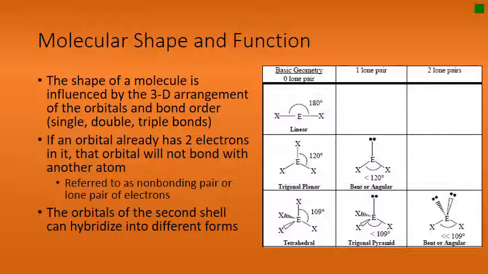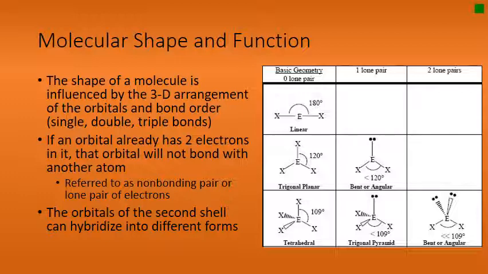Now, in period 1, there's not a lot of variation in the shapes of the orbitals. The orbital is simply a sphere. But in the second shell, in the third shell, so the second period, the third period, the orbitals can in fact hybridize into different forms to additionally stabilize the shape of the molecule that is being created.